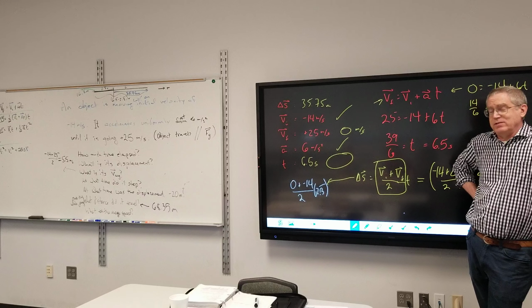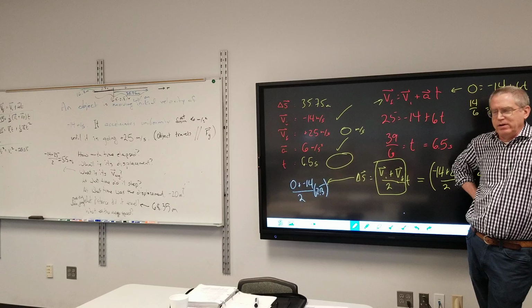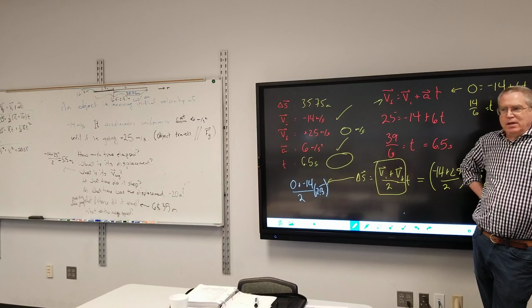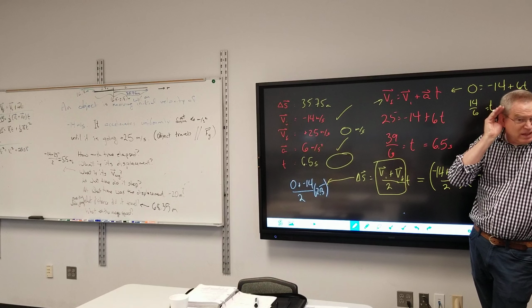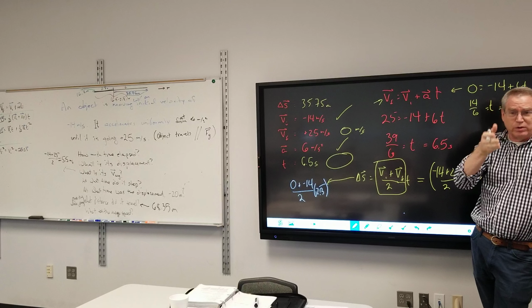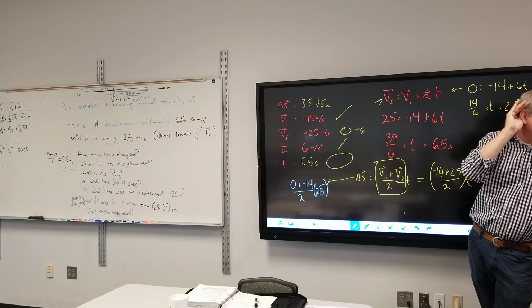So average velocity, how do you find average velocity? Not adding the initial and final, the one that always works. Initial velocity plus final velocity divided by 2. No. That only works if acceleration is constant. Changing displacement over changing time.